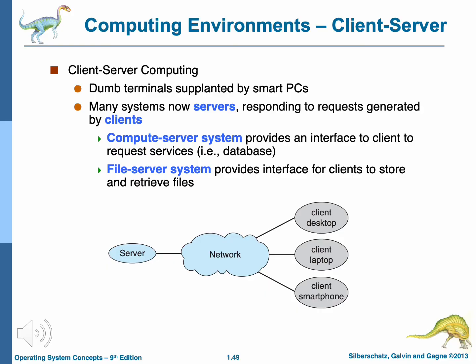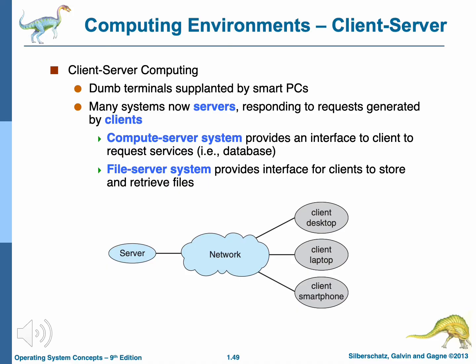Correspondingly, user interface functionality, once handled directly by centralized systems, is increasingly being handled by PCs, quite often through a web interface. As a result, many of today's systems act as server systems to satisfy requests generated by client systems. This form of specialized distributed system, called a client-server system, has the general structure depicted in the given figure.